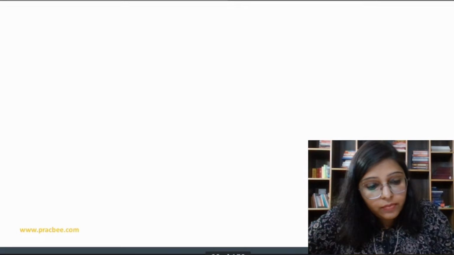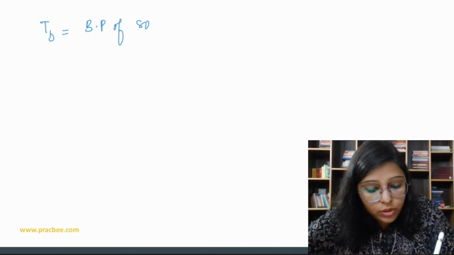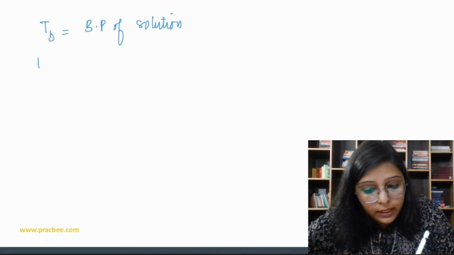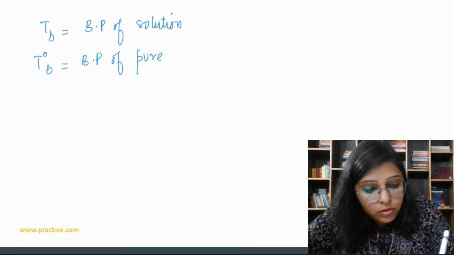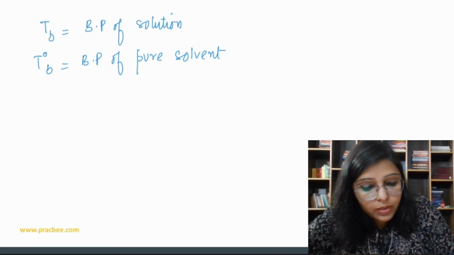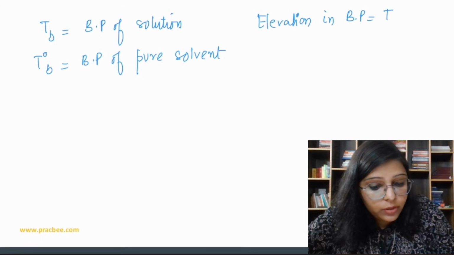So let's write down some formulas. Suppose we have TB, which is the boiling point of the solution, and T naught B is the boiling point of pure solvent. So the elevation in boiling point is equal to TB minus T naught B, which is delta TB.